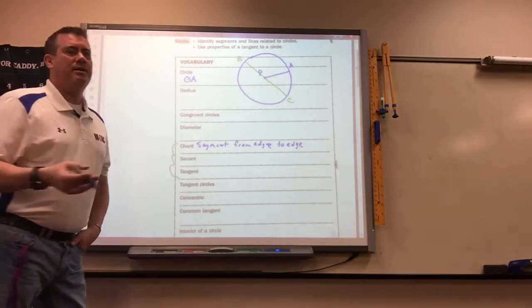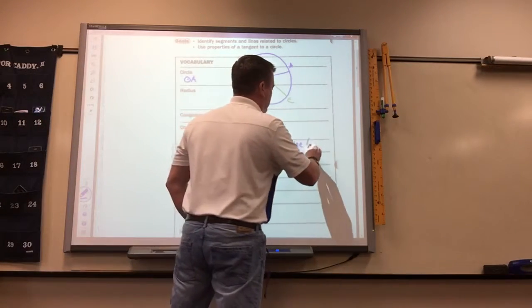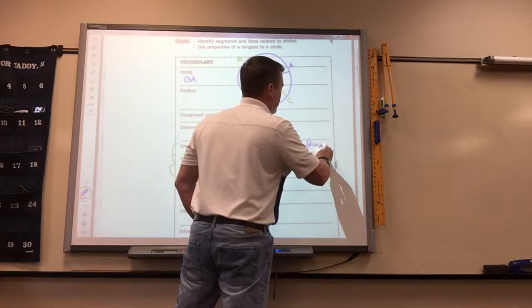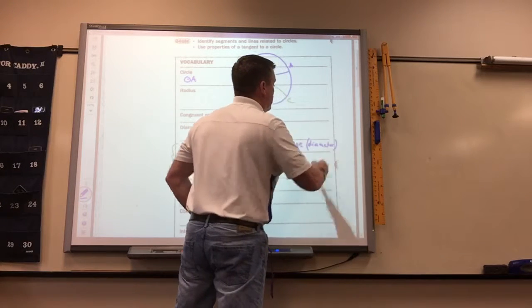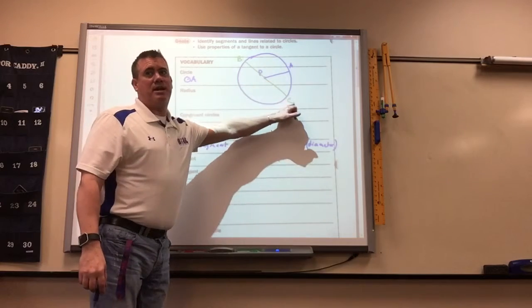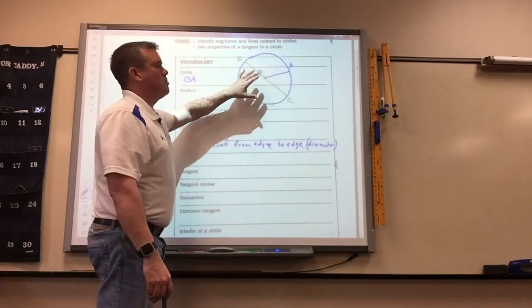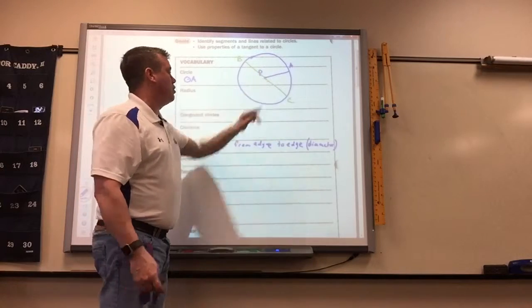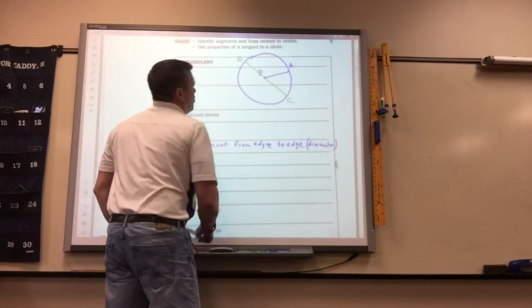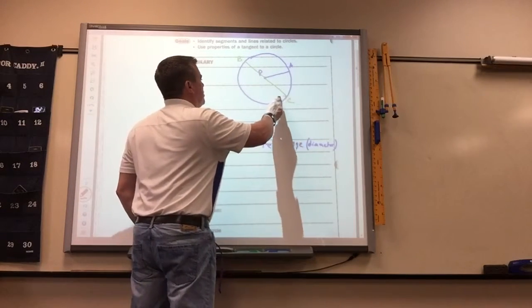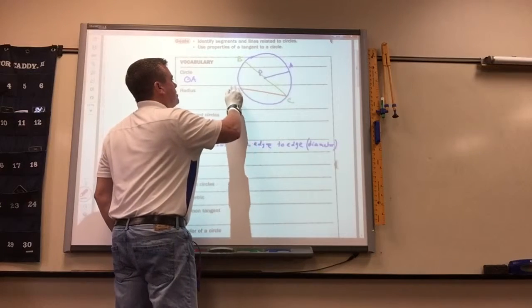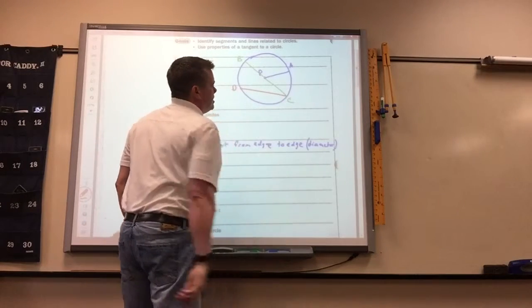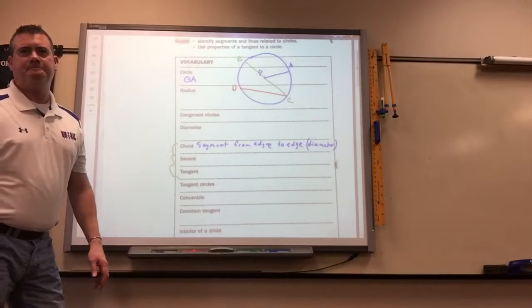So technically, a diameter is a chord, because the diameter goes from edge to edge. Diameter is just a more specific name, because if it says it's a diameter, you know it goes through the center. A more common chord that you see would be something like this. DC is a chord. Okay?